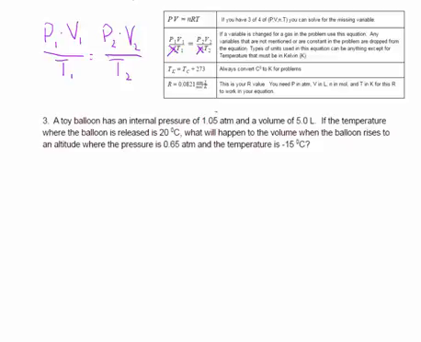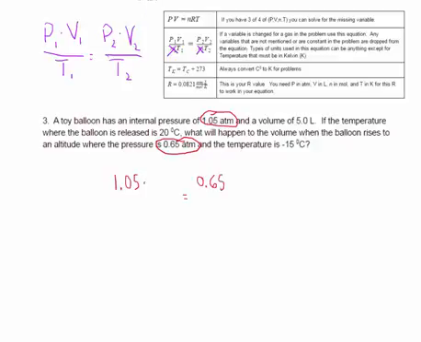So first we have the pressures, 1.05 atmospheres and 0.65 atmospheres. The first, P1, is 1.05, and its new value is 0.65.